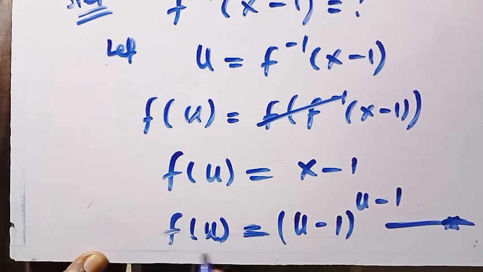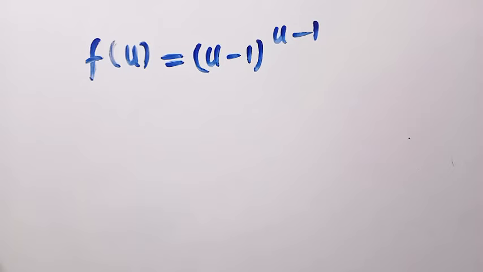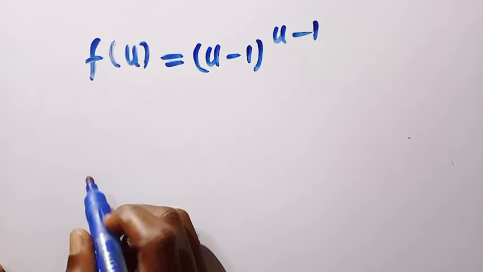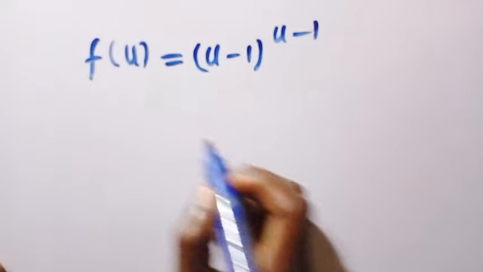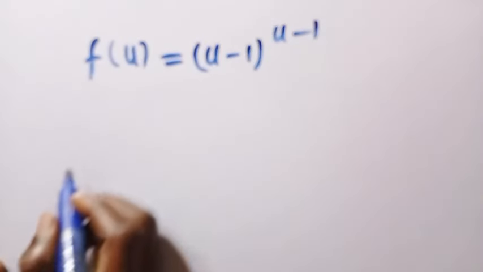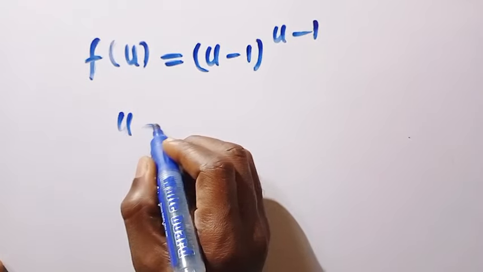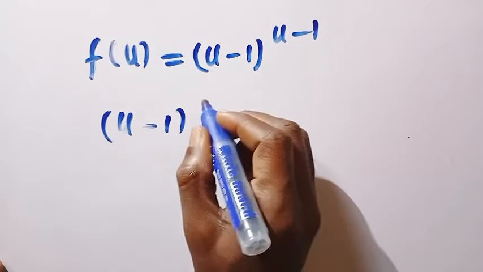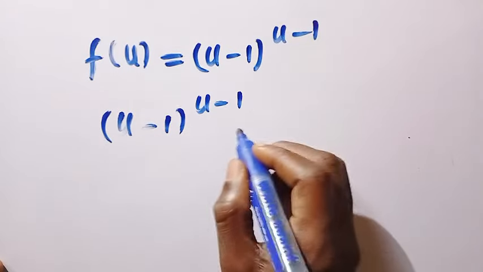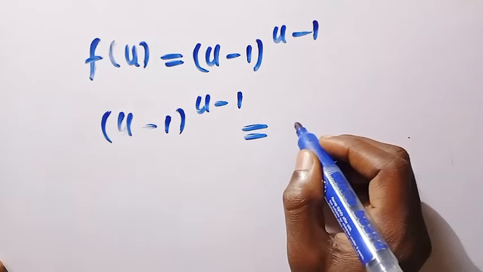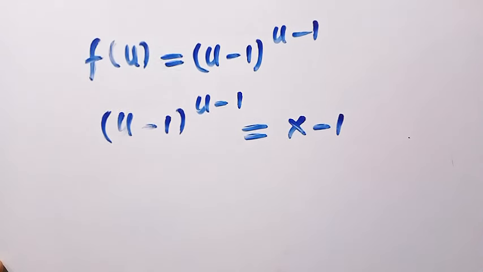From our f of u above, we have it as x minus 1. So replacing this, we have (u minus 1) raised to the power of u minus 1 equals x minus 1.